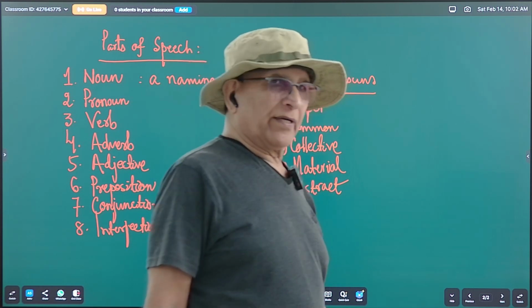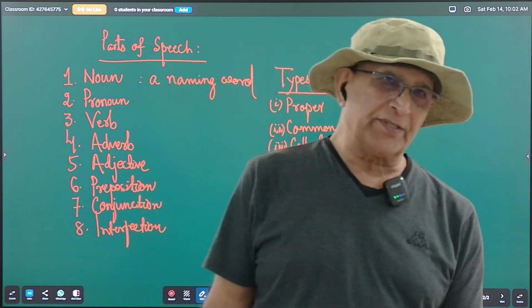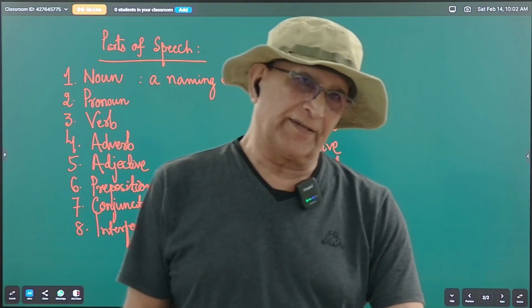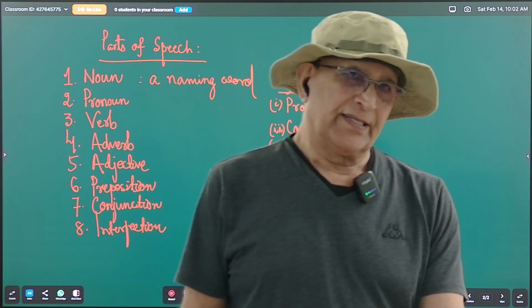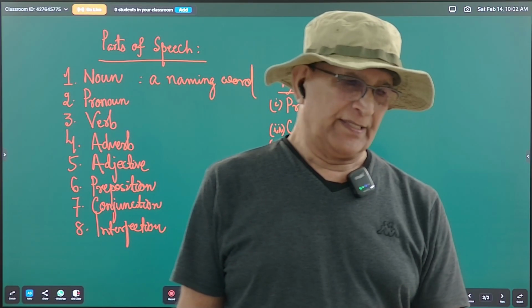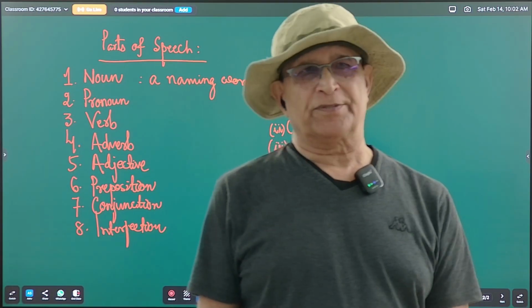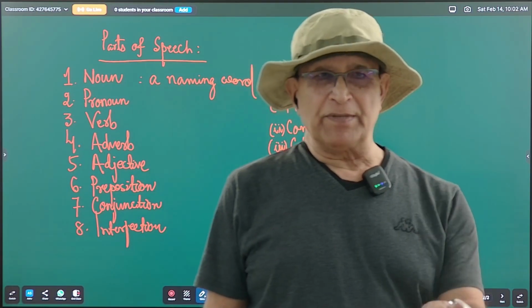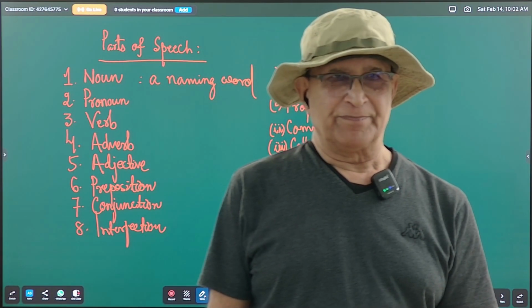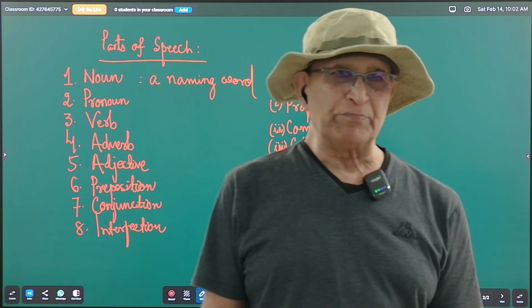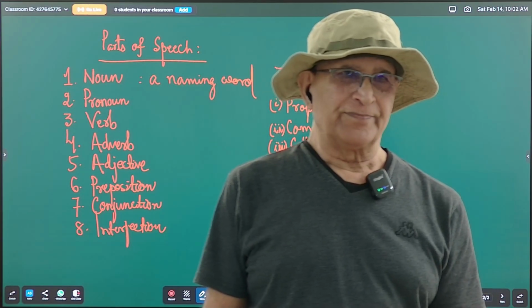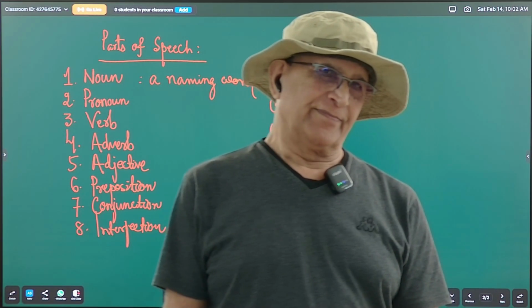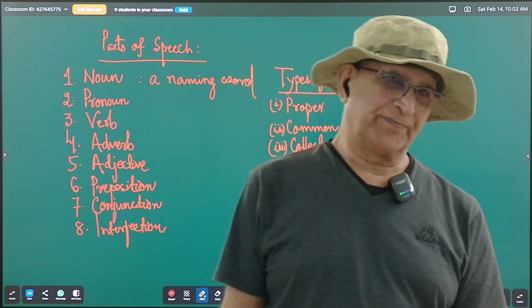And the next one, number 4, is a material. What is that material? Material noun refers to material. This desk is made of wood. That is made of plastic. Plastic, wood, paper, wool, these are all material nouns.